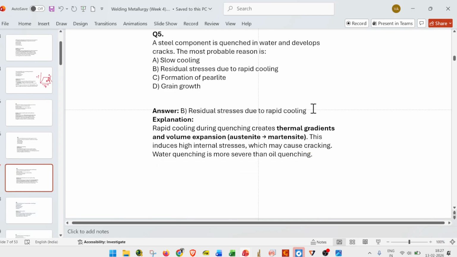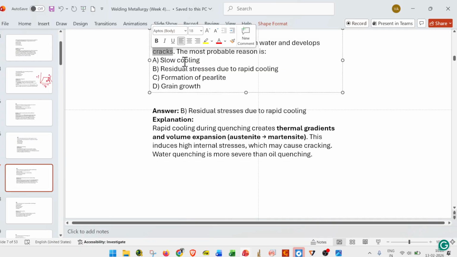Next, a steel component is quenched in water and develops cracks. What is the most probable reason? So I have a steel component, and it is quenched in water and develops cracks.